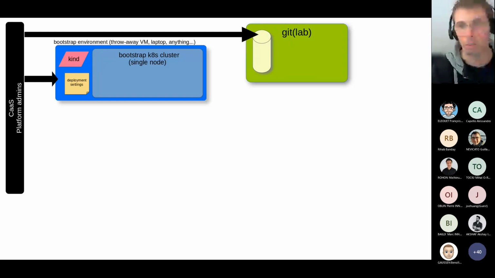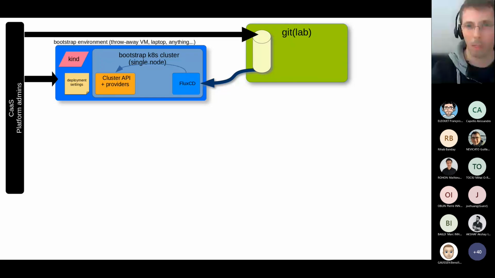And the first thing that we start in the bootstrap cluster is to install FluxCD and to start creating FluxCD objects that will define the deployment of a few components. I will not list them all, but the key ones in the bootstrap cluster are the different components that we need for cluster API, which is cluster API itself, the providers, and the dependencies of cluster API, in particular Cert Manager.